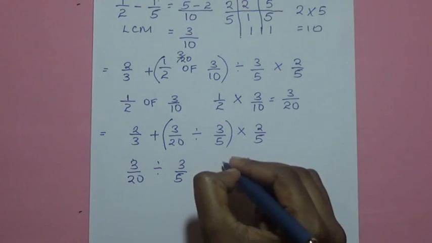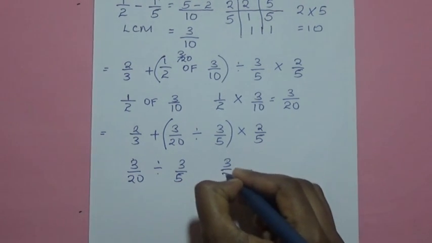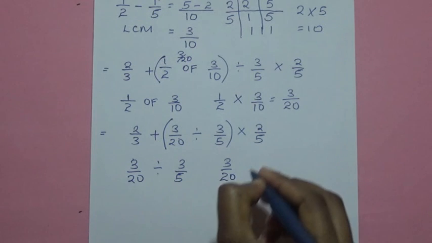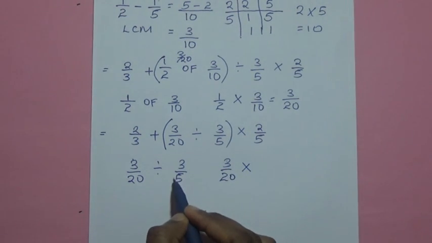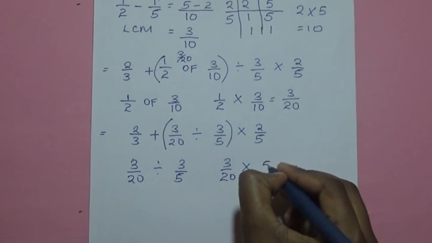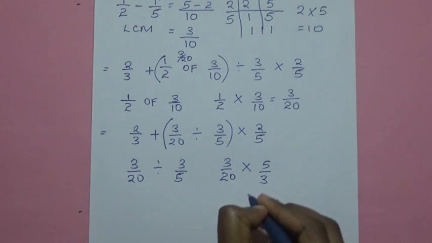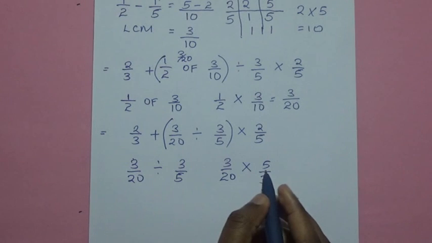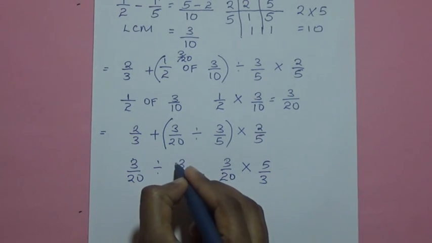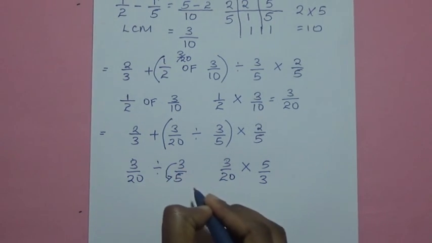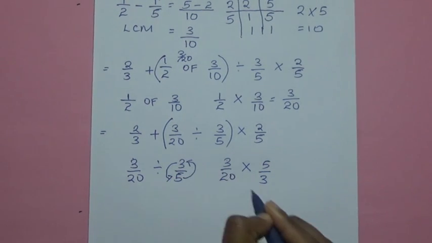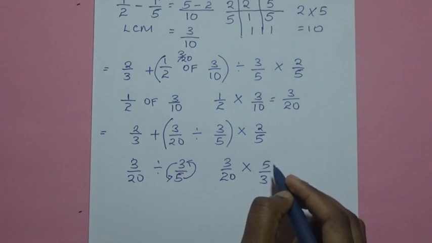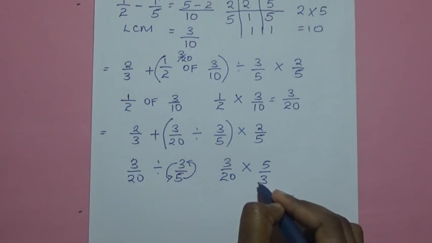Therefore, this will be 3 over 20, multiplied by the reciprocal of 3 over 5, which is 5 over 3, because the reciprocal means that the numerator will become the denominator and the denominator will become the numerator.